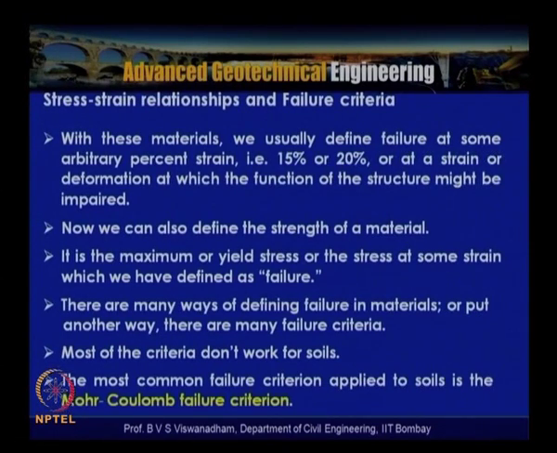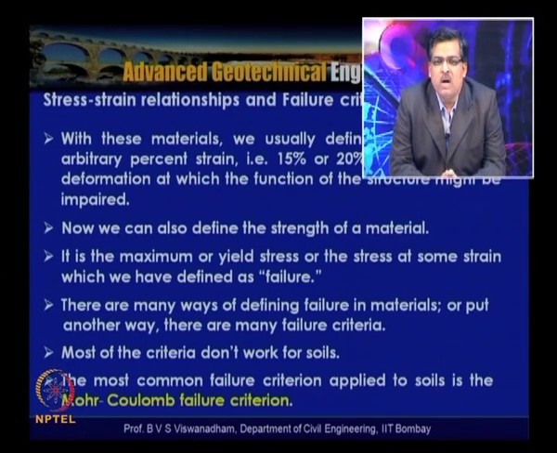Now, we can also define the strength of the material. It is the maximum or the yield stress or the stress at some strain which we have defined as failure. So, that is the strength of the material. There are many ways of defining failure in materials, or put another way, there are many failure criteria, but most of the criteria do not work for soils.